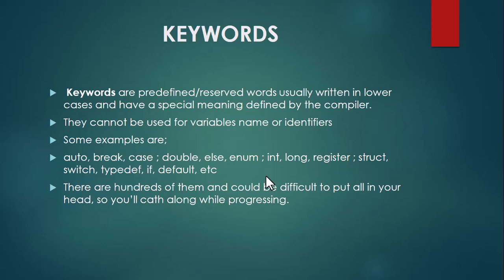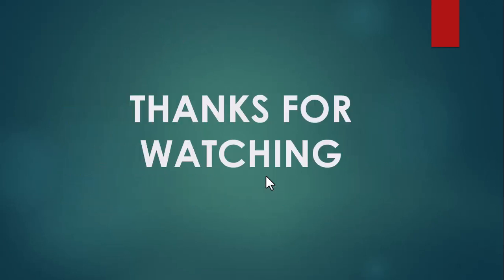These are some of the keywords. There are hundreds of them, so we cannot talk about everything. We have auto, break, case, double, else, enum, int, long, register, struct, if, else. There's a whole lot. I think this is what we have for today. We will be getting much deeper as we go along with this course.